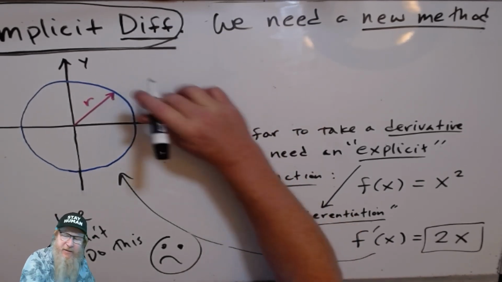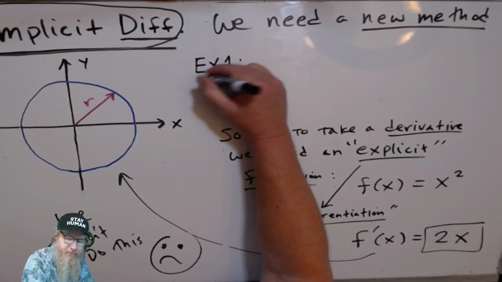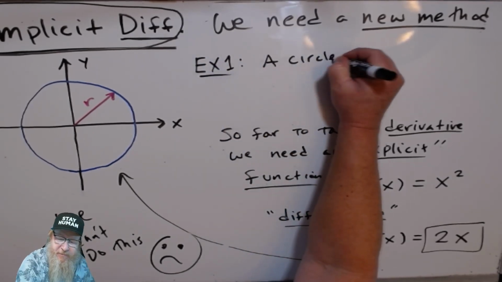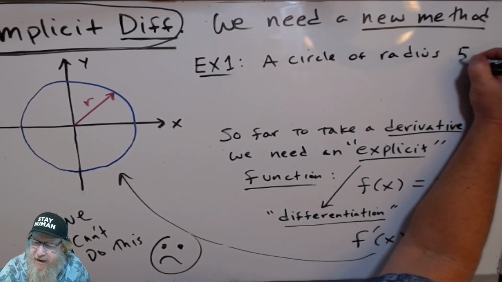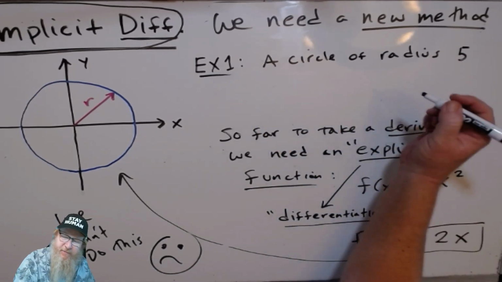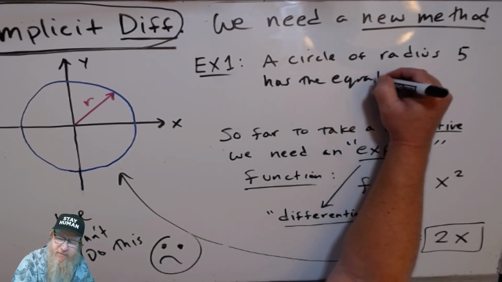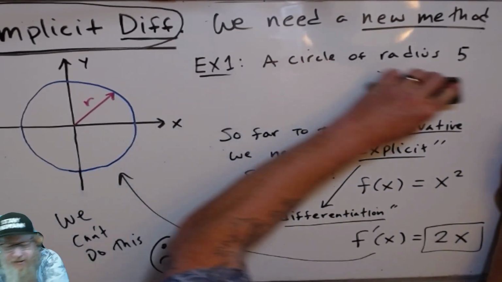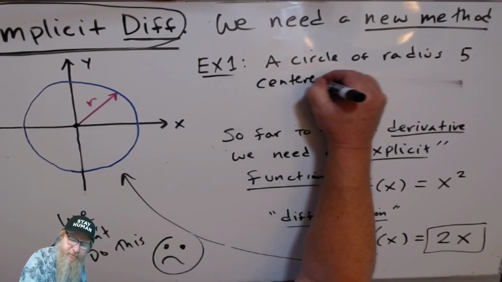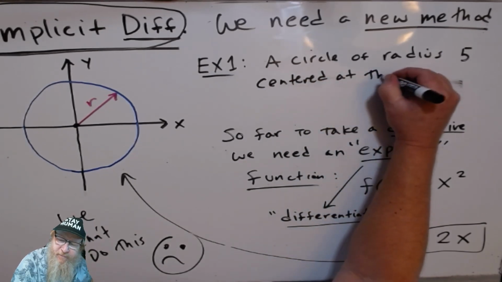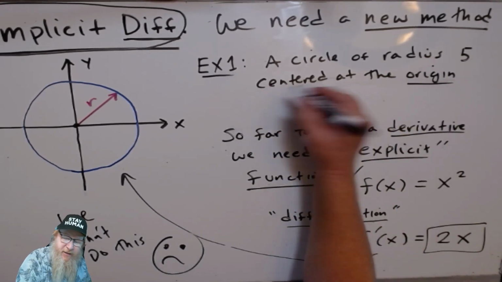So let's go ahead and do an example. I'm going to start with the circle. A circle of radius 5, centered at the origin. Got to be very careful, centered at the origin. They get a little more complicated if the center is not the origin.